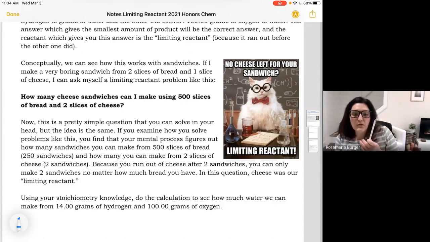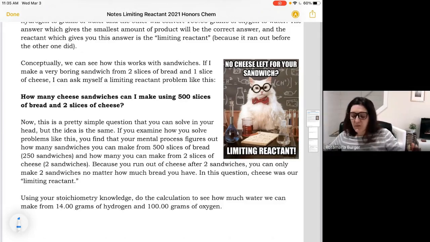Based on the 500 slices of bread only, you can make 250 sandwiches. But based on the 2 slices of cheese, you can only make 2 cheese sandwiches. So you're going to be able to make 2 sandwiches total and have a lot of leftover bread. So cheese was our limiting reactant.